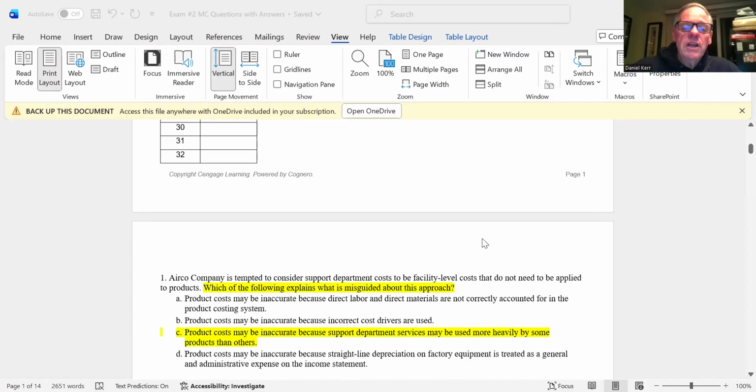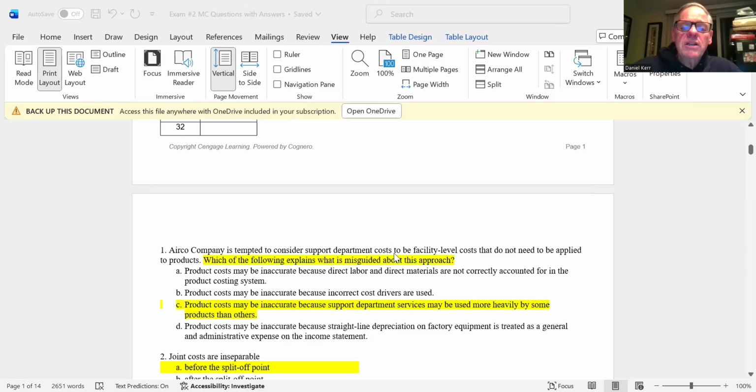First one, AIRCO is tempted to consider support department costs to be facility level costs that do not need to be applied to product. Which of the following shows that this is a misguided approach? What's misguided about this approach? Well, what's misguided is C. They make the assumption that product costs would be inaccurate because department services may be used more heavily by some products than others.